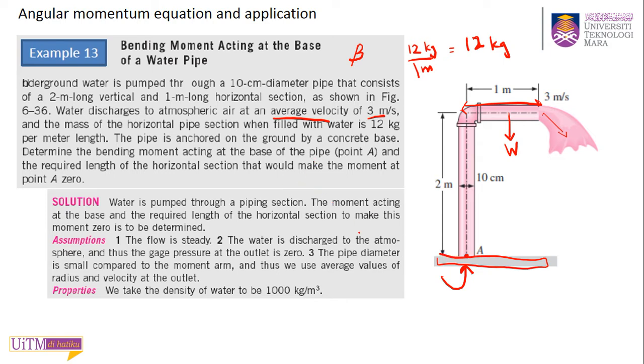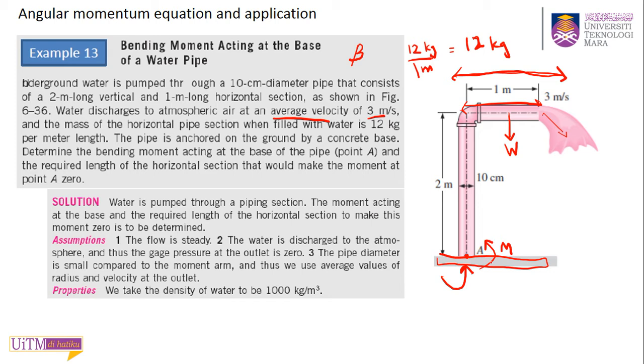Determine the bending moment acting at the base of the pipe, point A. So they ask you to find the bending moment acting at this point A, and the required length of the horizontal section that would make the moment at point A zero. So they ask you two things.